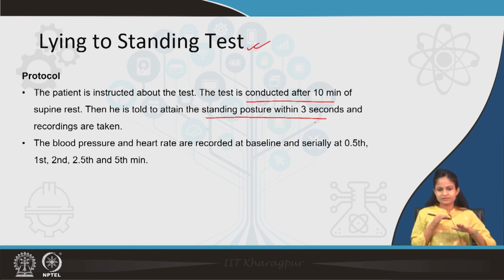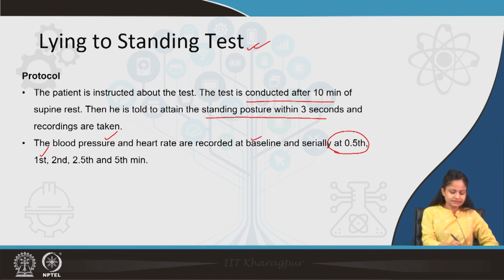If the person is lying down, I will count 1, 2, 3. Within this count, the patient should stand, and within this count only you have to take the blood pressure and heart rate recording. Already you have taken the baseline, then you take at 0.5 minute, then first minute, then second, then 2.5, then the 5th minute.